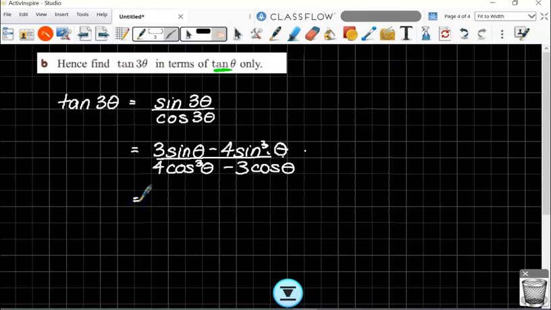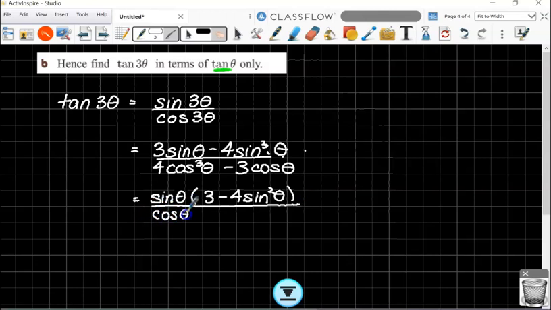I see common factor. What's your common factor? Sine on the top. So sine theta, we've got 3 take, and denominator, oh, it's cos theta.